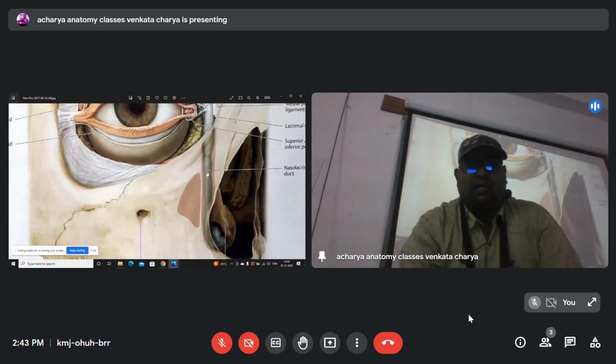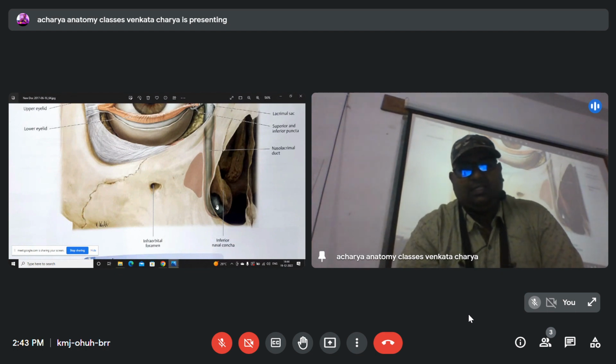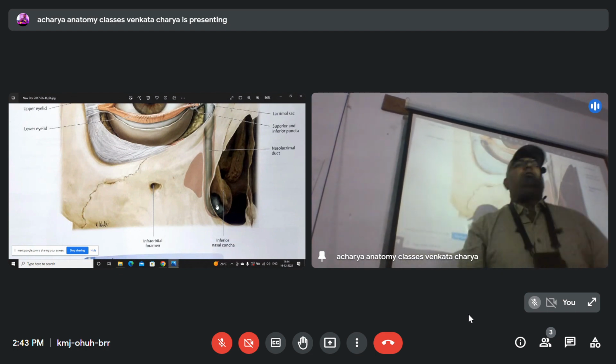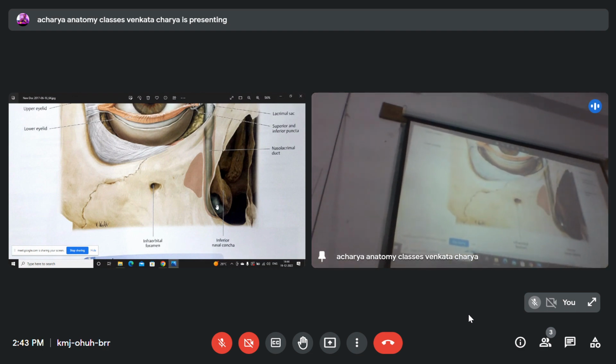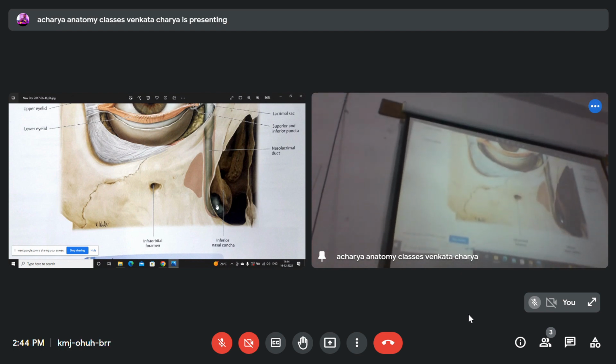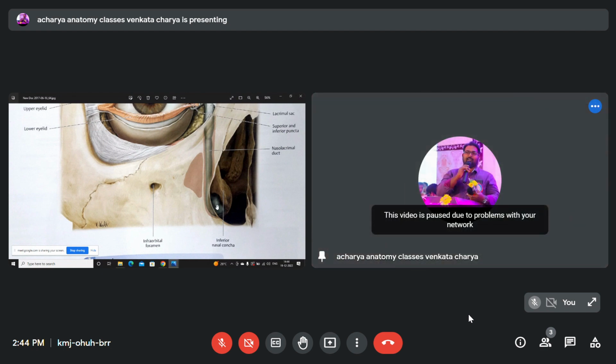It opens into the inferior meatus of the lateral wall of the nasal cavity. Are you getting it?